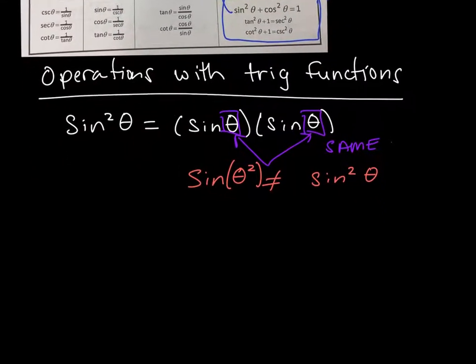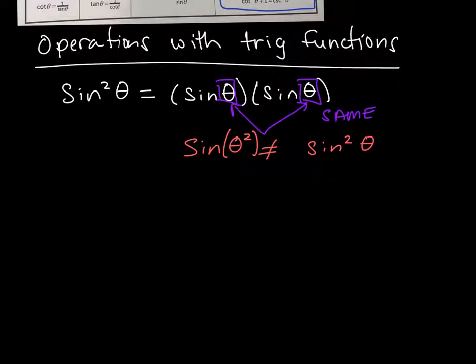All right, another thing that we have to worry about when we're doing operations with theta is a little bit different from what you're used to, and different from, let's say, polynomials. If I have the sine of x times the sine of y, there's nothing that can be done with this.